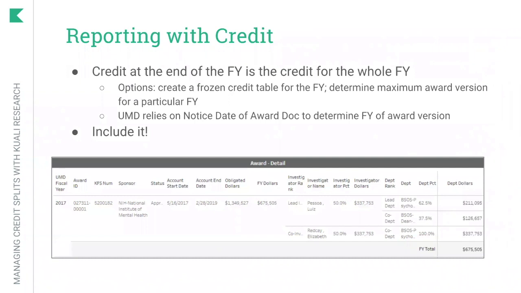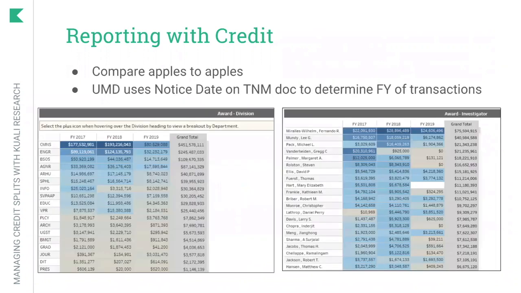But the bottom line that we decided to do, both when we had COEUS and again with Kuali Research, was to make sure that we include this information on all of our reports, both on the award detail and again with our reports for investigators and our reports for departments.